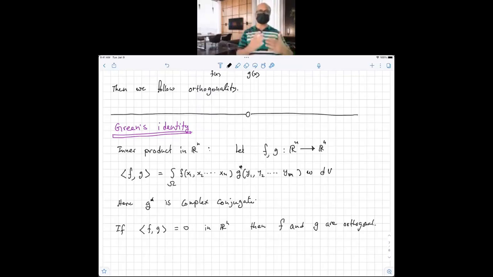Assume the dot product: A dot B equals 0. So they are perpendicular.